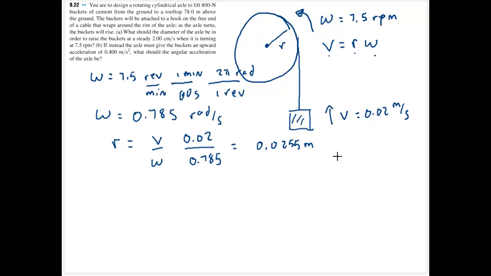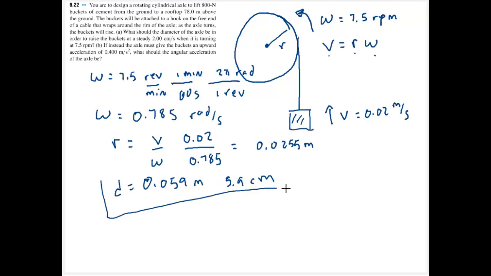My diameter is simply going to be double that, so my diameter is going to be 0.059 meters, or 5.9 centimeters. Whichever one suits your fancy. It's a little bit prettier to write 5.9.